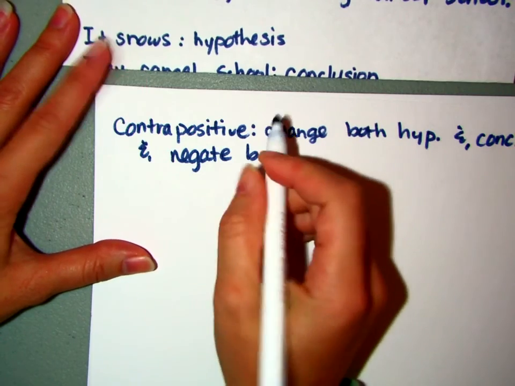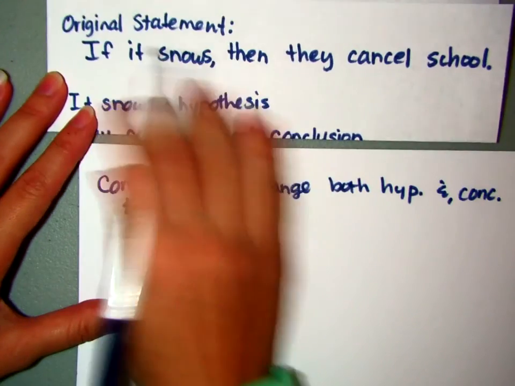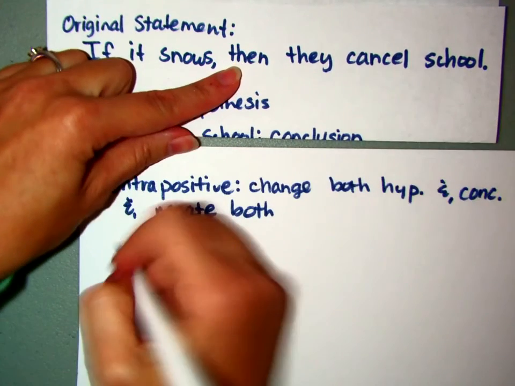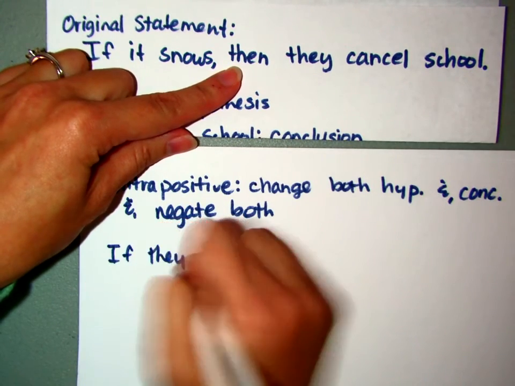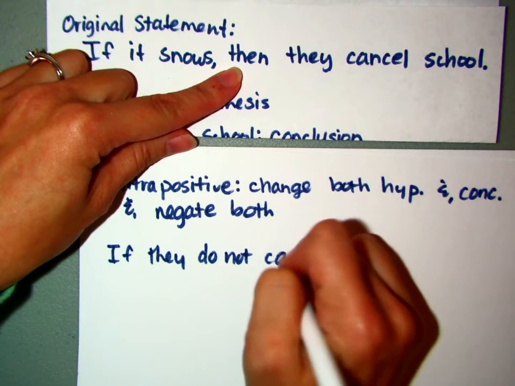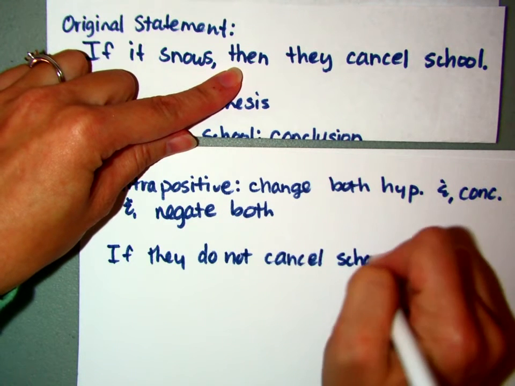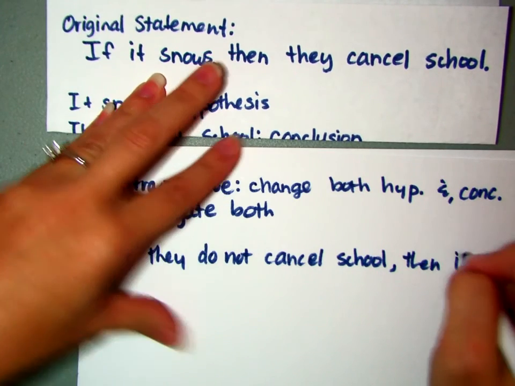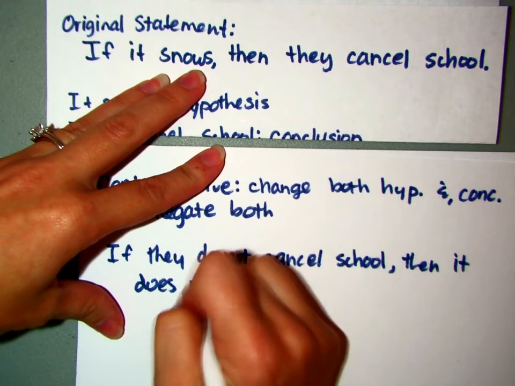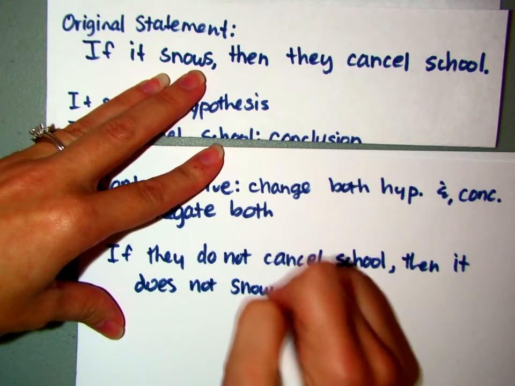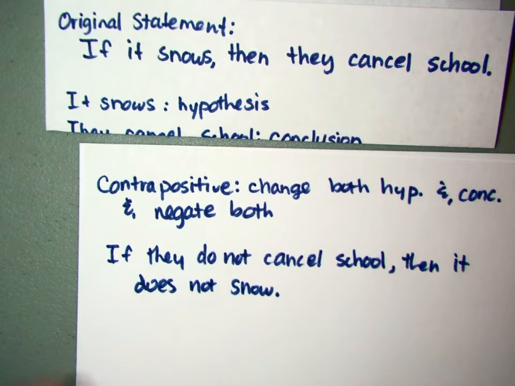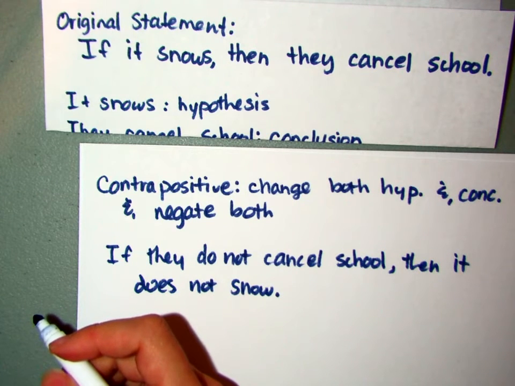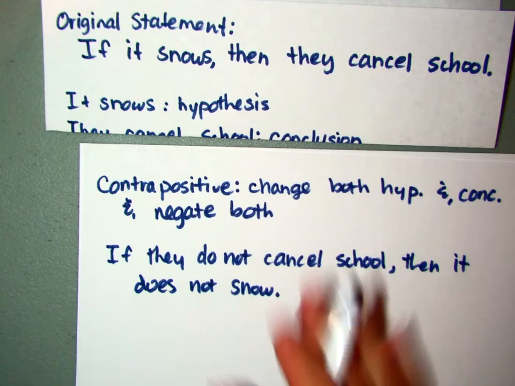So our original hypothesis of it snows is going to come second. So we're going to start with they cancel school, but we're going to negate that. So if they do not cancel school, then we're going to negate this as well. It does not snow. Contrapositive, it's important to note that it always has the same truth value as the original conditional statement.